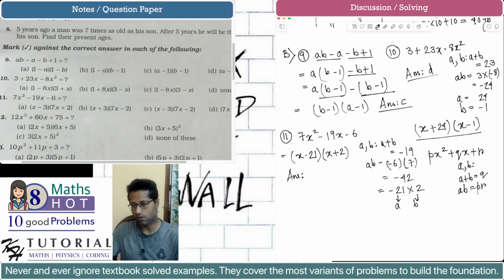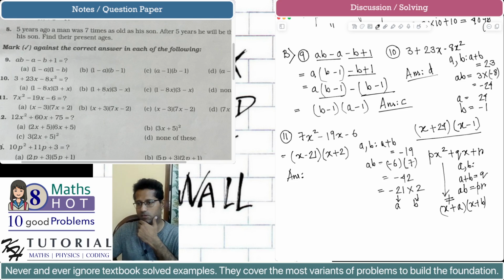Now, once you have found a and b, the factorization will not be equal to x plus a multiplied by x plus b, which is where I am making the mistake again and again.